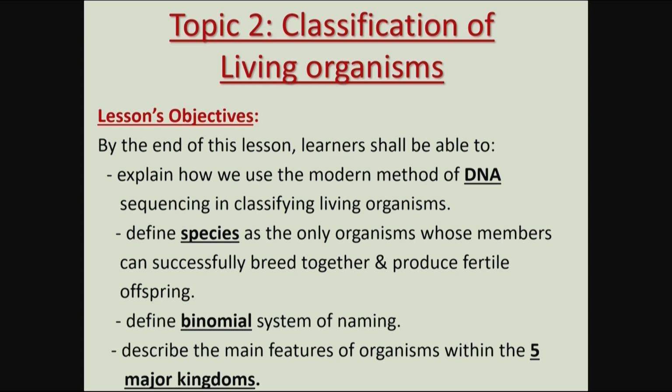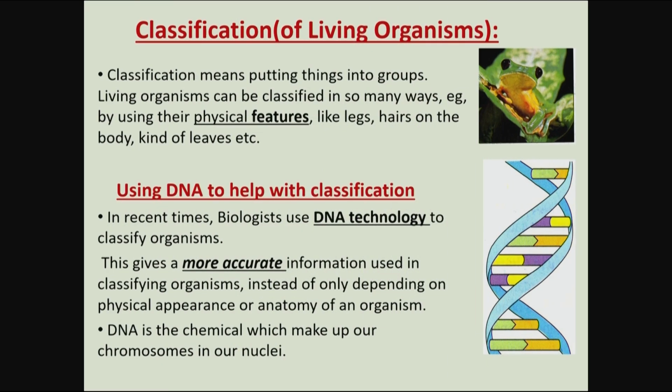We'll also define species, look at the classification system, taxonomy, the whole hierarchy, and the binomial system of naming. We'll also describe the main features of organisms within the 5 major kingdoms.